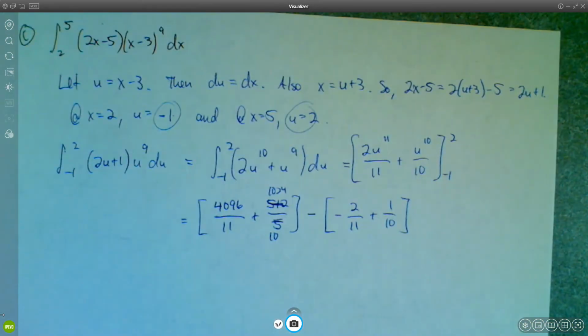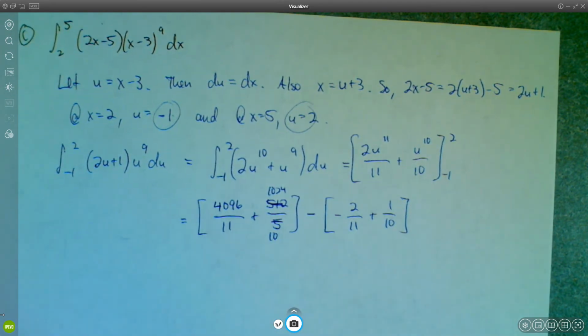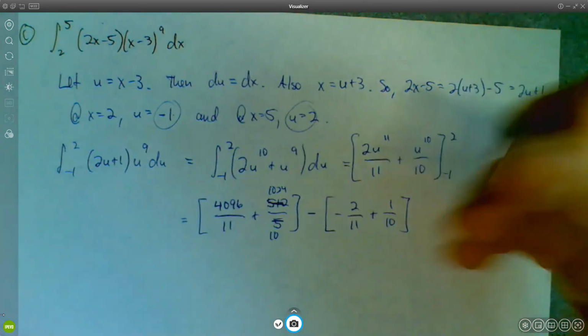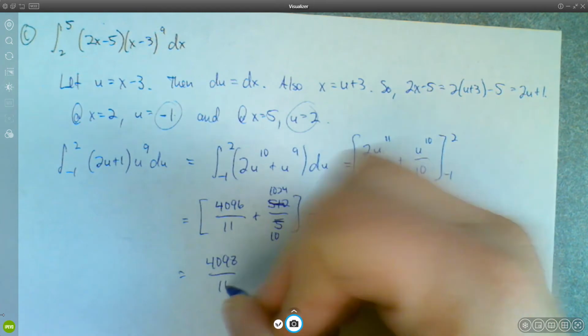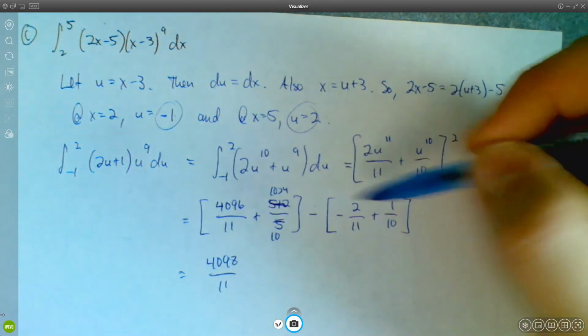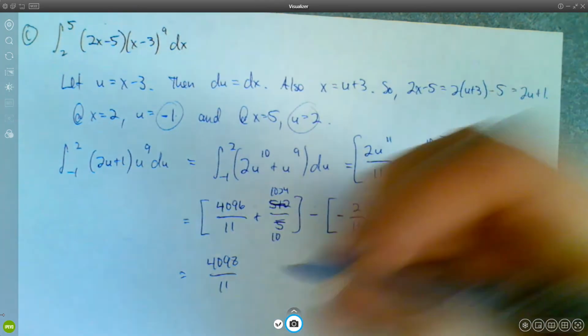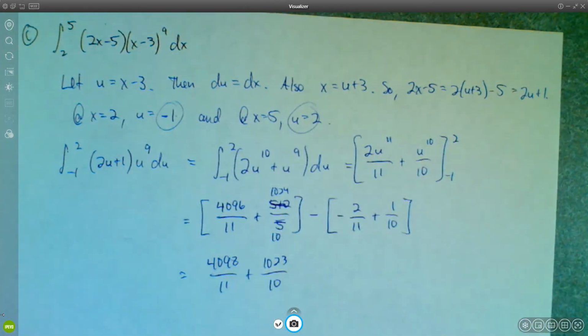That would make the arithmetic a little easier here. So I've got 4096 over 11 plus 2 over 11, that's 4098 over 11. And then I'm going to have a 1024 over 10 minus a 1/10. So that's plus 1023 tenths.